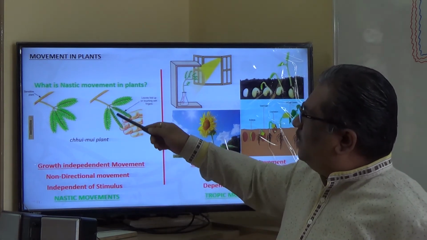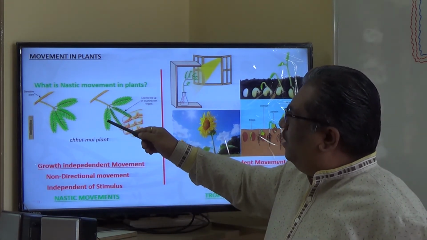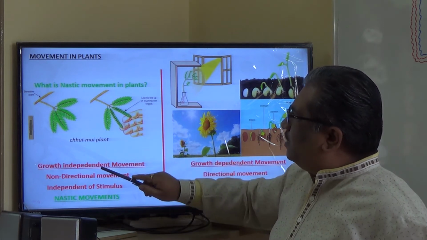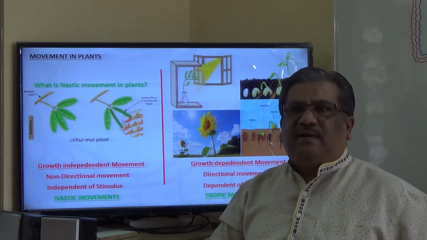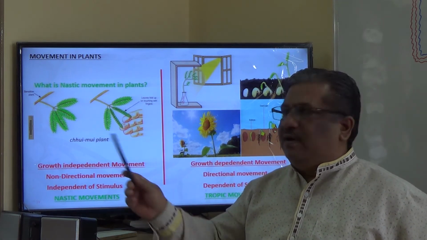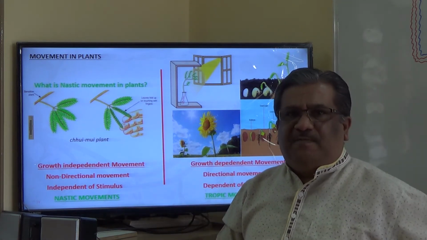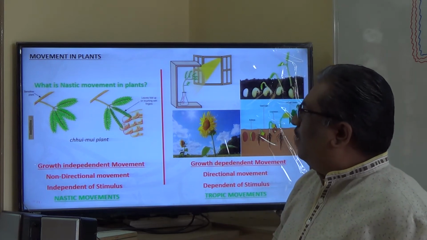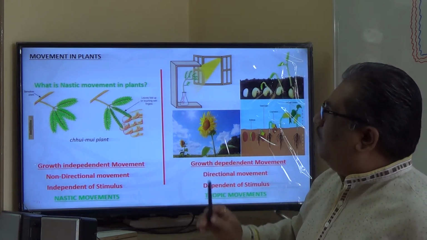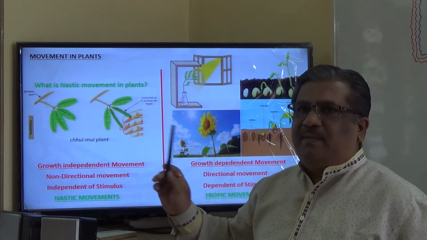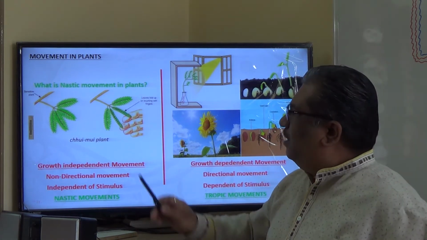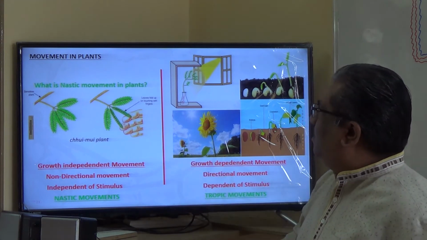So what is causing the closing action and drooping action of these leaves when they do not have muscles for the movement of these small leaf parts? So we can very well understand that there is movement in plants. Here it is folding and drooping.